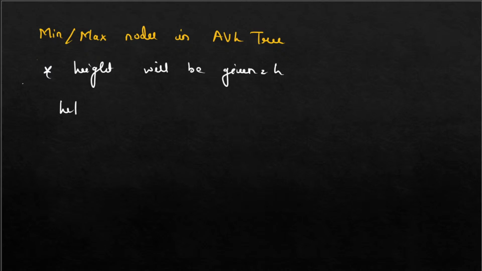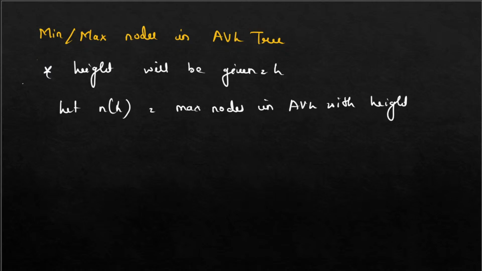Let n of h equal the max nodes in an AVL tree with h height. So it will be n of h equals 2 n of h minus 1 plus 1, which is 2^(h+1) minus 1.